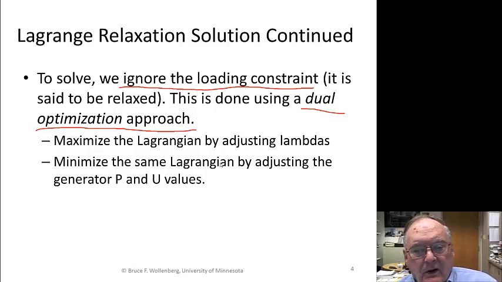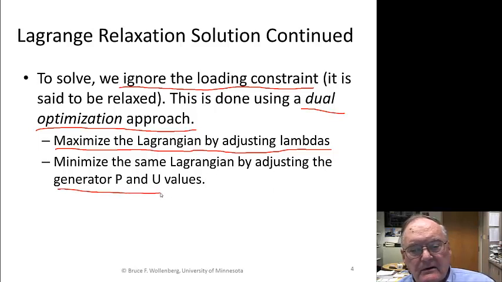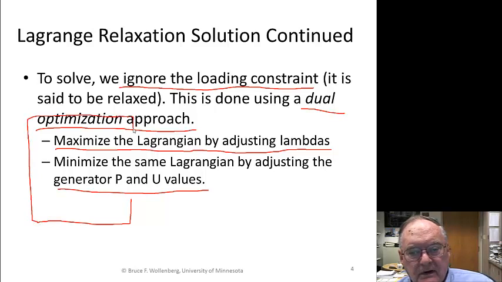So we maximize the Lagrangian by adjusting lambdas, and then we minimize the same Lagrangian by adjusting the generator P and U values. And we do this over and over again. So there's an iterative approach. We just iterate again and again.